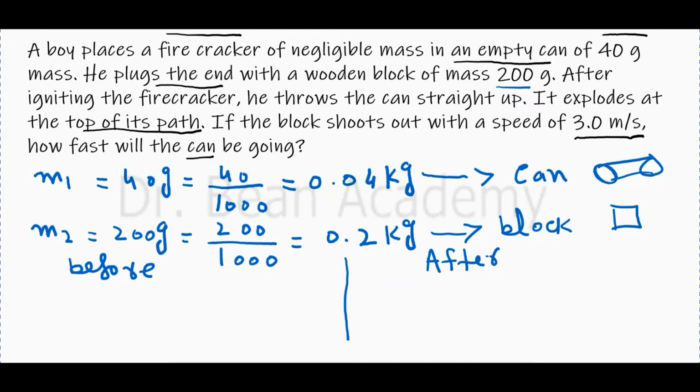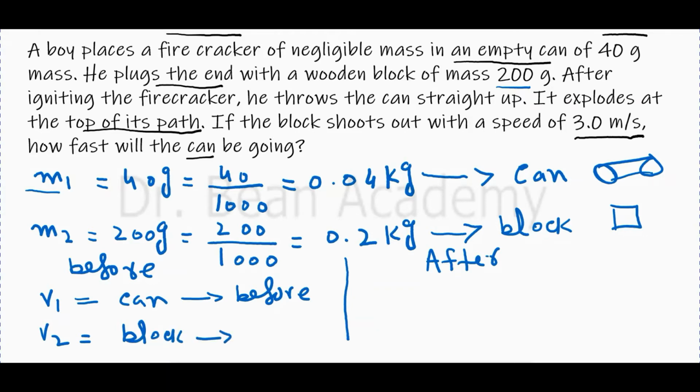So before the explosion, let's say the velocity of the can is v1, because we assigned m1 as the mass of the can, so let's use the same notation. So v1 is the velocity of the can before the explosion, and v2 is the velocity of the block, of course before the explosion.